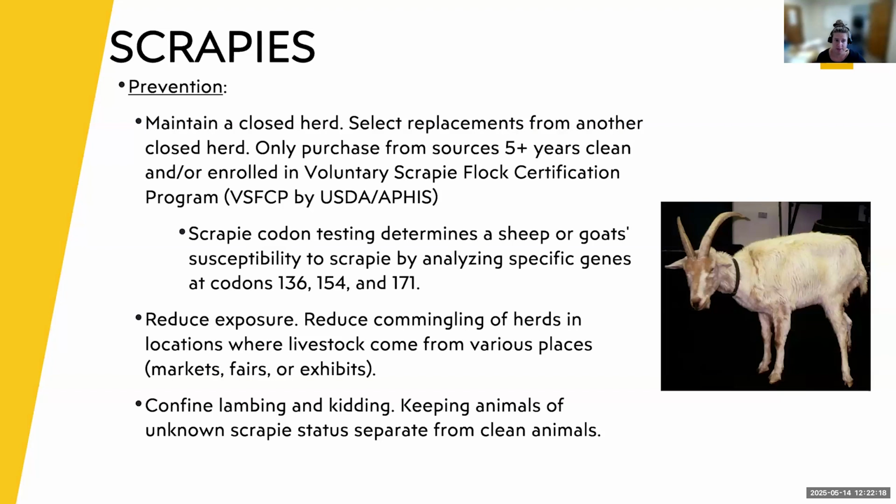So prevention, obviously, maintain a closed herd and select replacements from other closed herds or those that work through the voluntary scrapie flock certification program, which shows that they're at least 5 years clean. There's also scrapie codon testing that helps determine a sheep or goat's susceptibility to scrapie by analyzing specific genes at these specific codons.